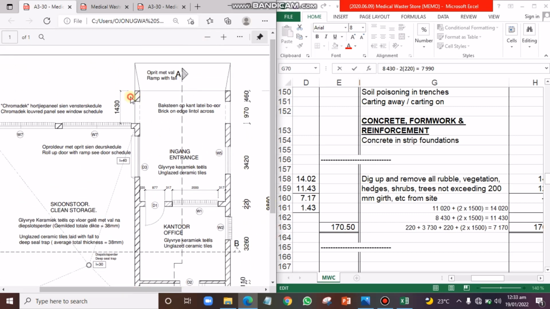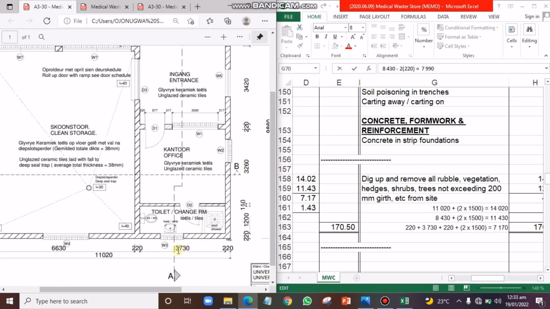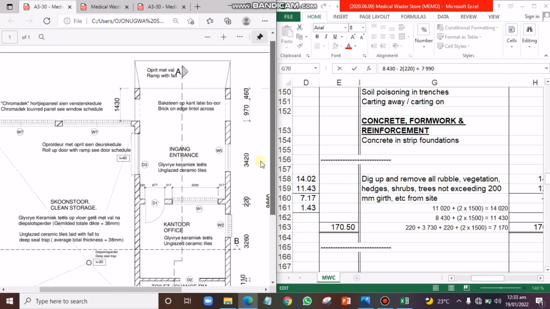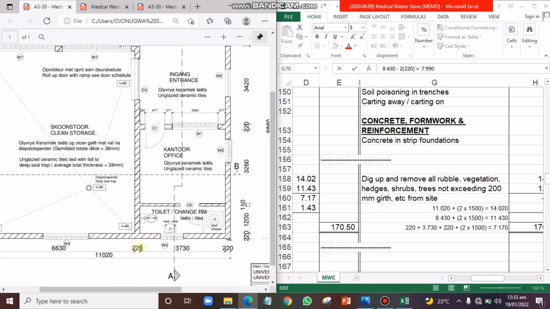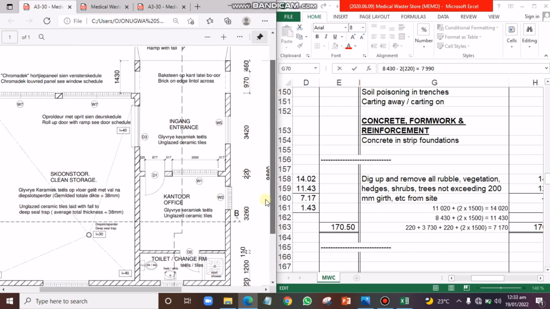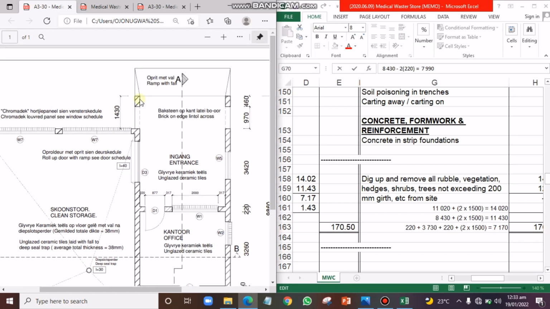which is the width from this point to this point, and the width is given in dimension as 3,730. Since this dimension is in to in, we have to take it out to out before we add our adjustment, that is working space. So we need to add this wall thickness and this other wall thickness to make it out to out.